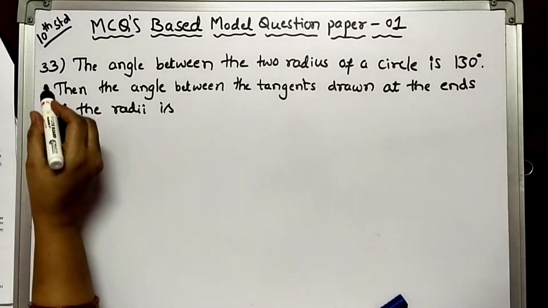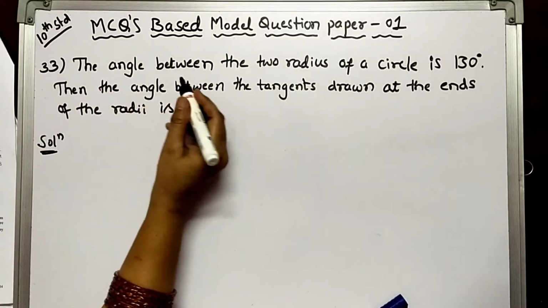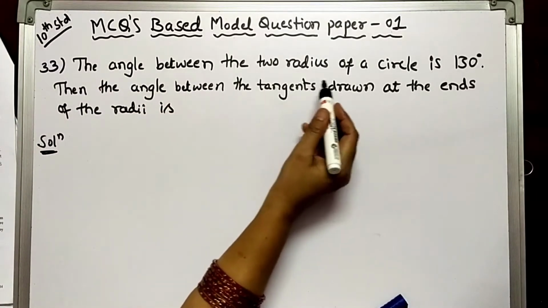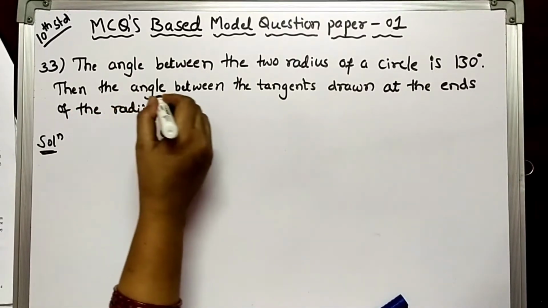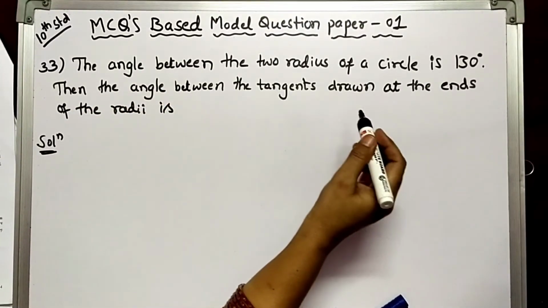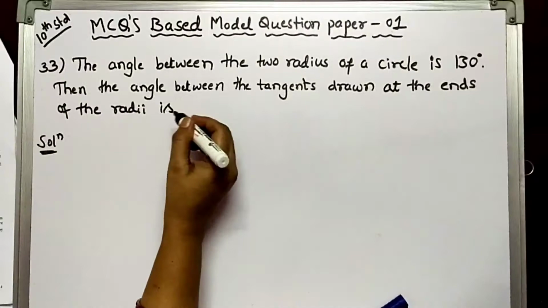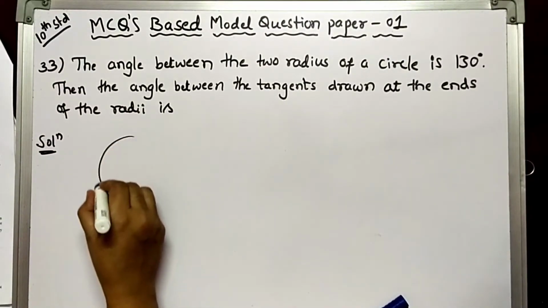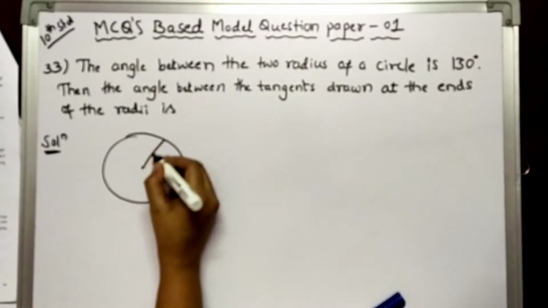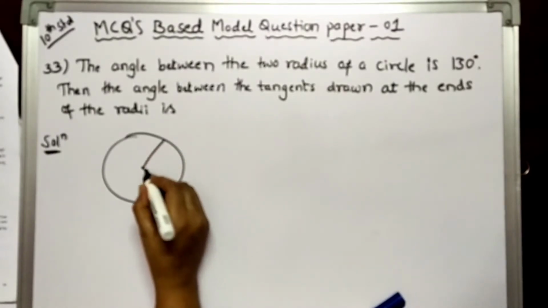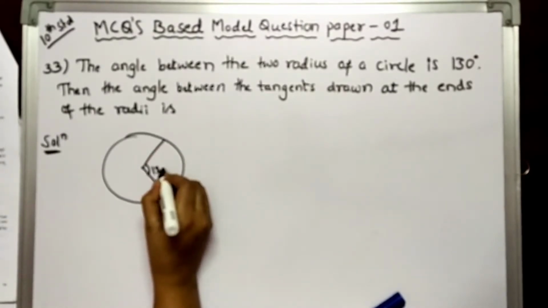Question number 33. The angle between the two radii of a circle is 130 degrees. Then the angle between the tangents drawn at the ends of the radii is? So they are given like this: two radii, and this angle is 130 degrees.